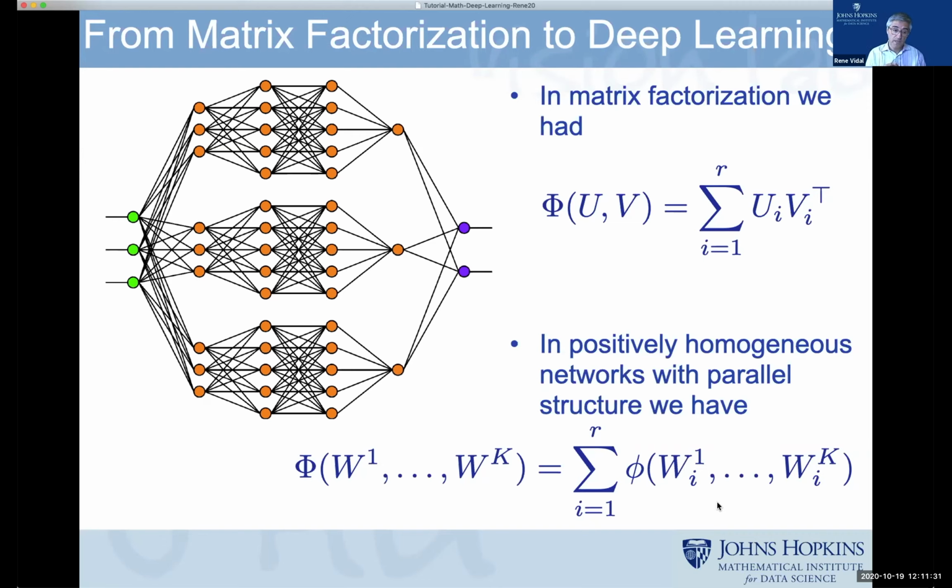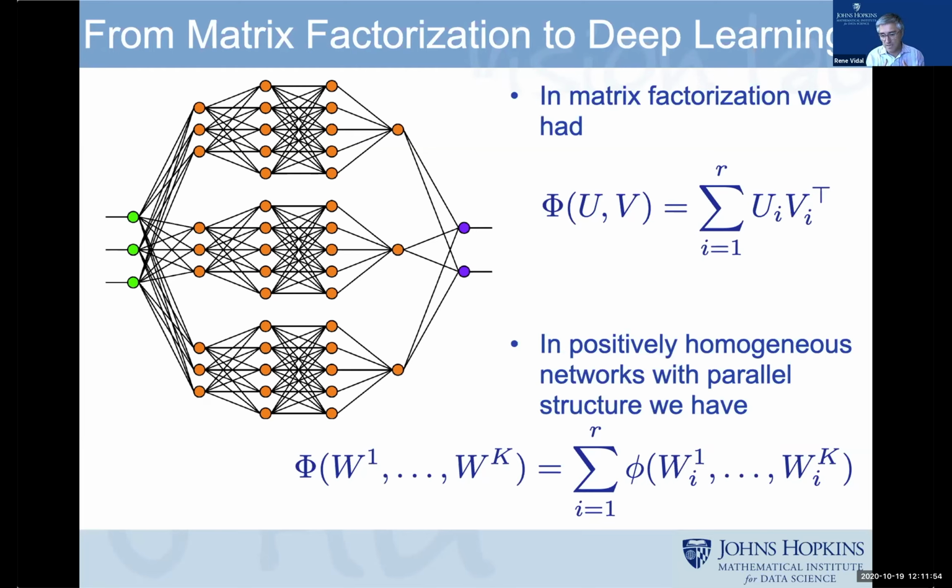So as you can see, the outer product, Ui Vi transpose, is the key atomic element of the matrix product. That is now replaced by the input-output map of whatever subnetwork you've constructed. And as I said before, it can have any number of layers that you want.